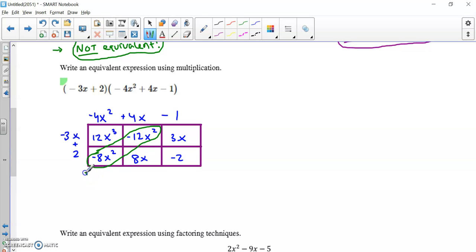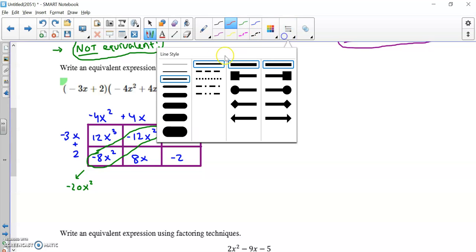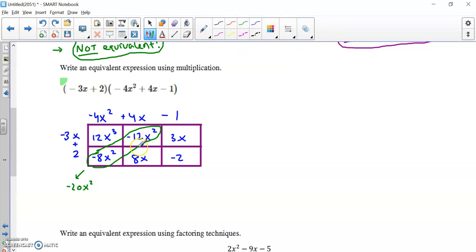Negative 8 plus negative 12 gives me negative 20, so we have negative 20x squared. And for these two x terms, 8 plus 3 is 11, so 11x.